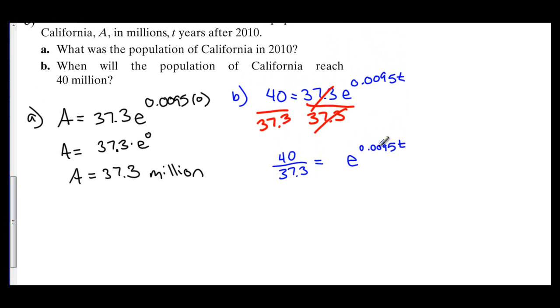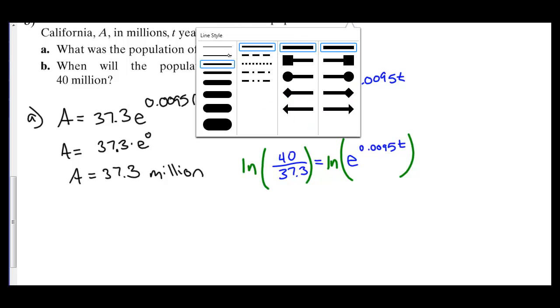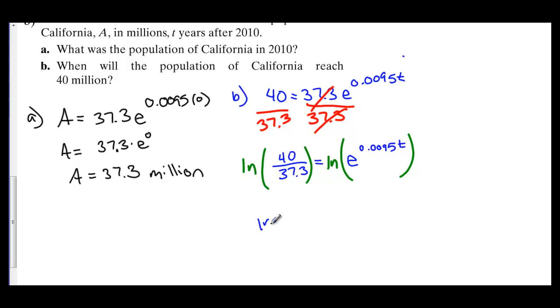Our next step is going to be to take the natural log of both sides. Because we have a base to a power, and we need to get that power down, taking the natural log of both sides is going to allow us to pull this power down. So we're going to have the natural log of 40 over 37.3 equals 0.0095 t times the natural log of e.